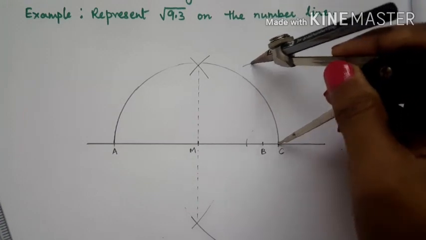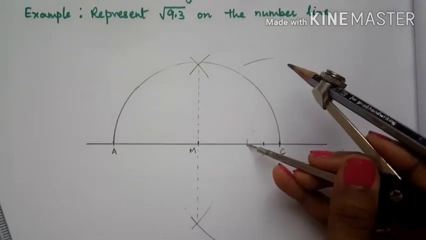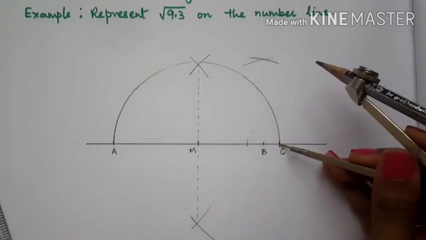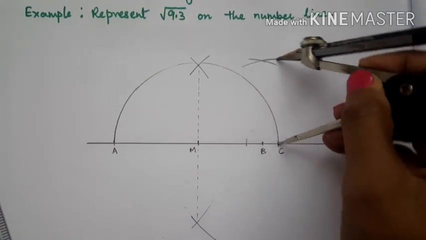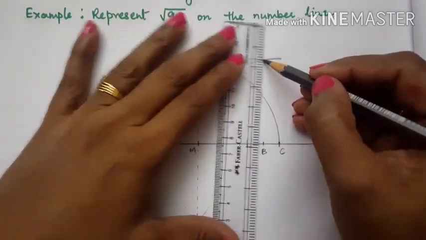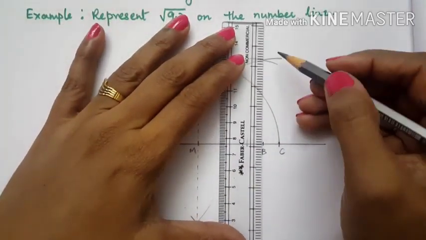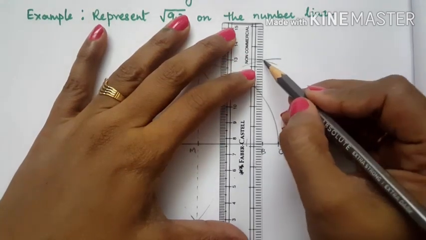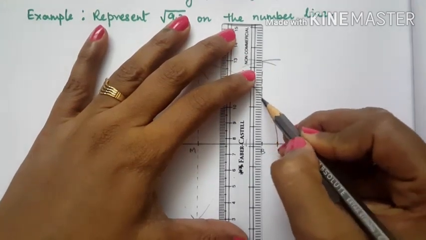Now use these points and keep the pointer at these 2 points to get intersection of 2 arcs. Join the point of intersection of these 2 arcs to point B.